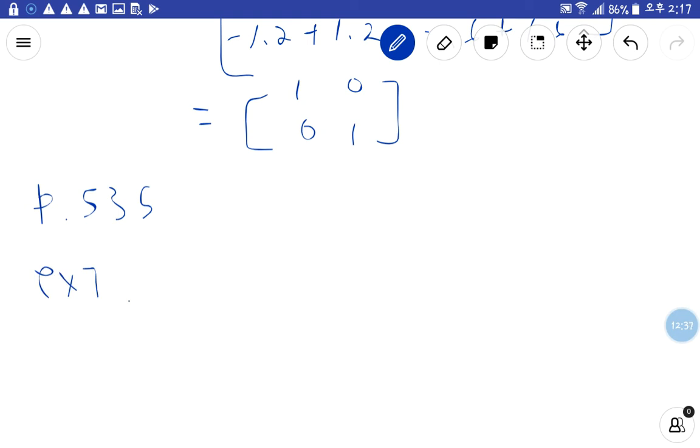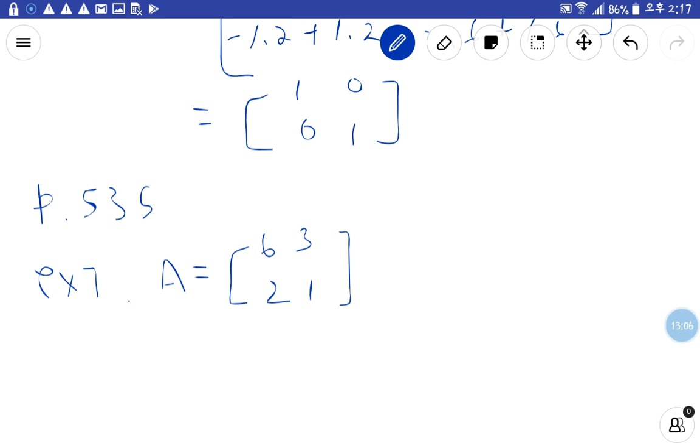Prove that the matrix A, 6, 3, 2, 1, is singular. So we learned the word singular. What does that mean? A does not have an inverse matrix. Then we can say A is singular. So we have to show that A does not have an inverse.